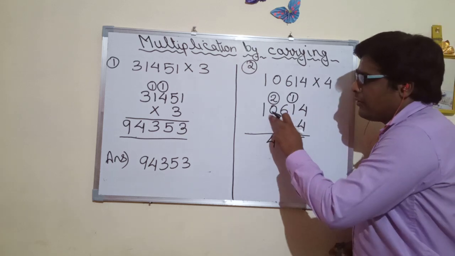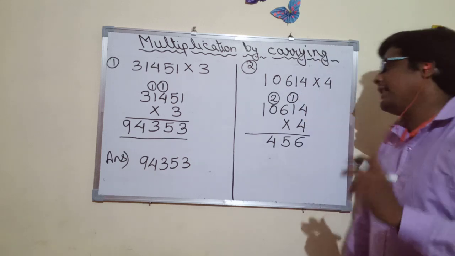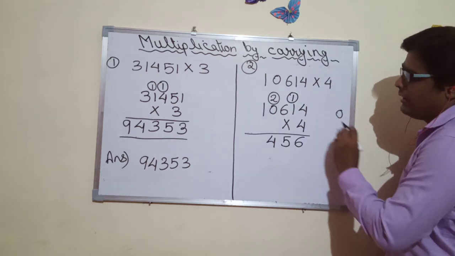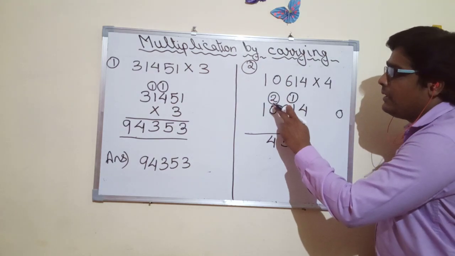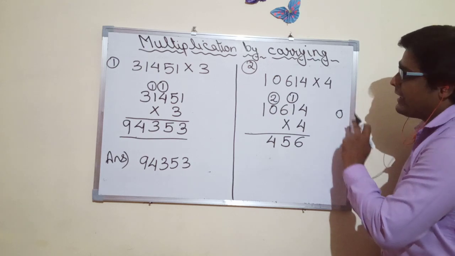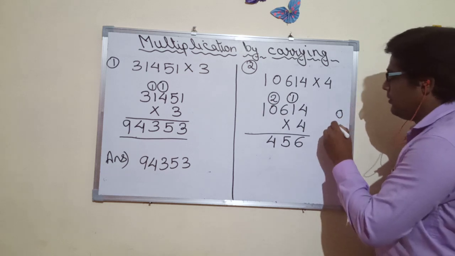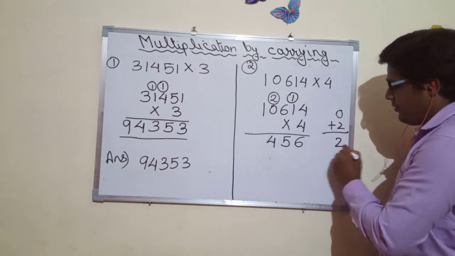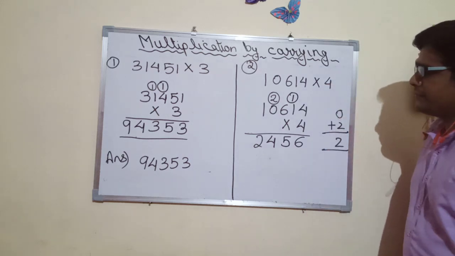Now you multiply 4 by 0. Any number, if you multiply it by 0, you will get answer 0 only. But what about this 2? This 2 will be added with 0. That is, 4 zeros are 0. 0 plus 2 is 2. So 2 is a single digit number, so just write it over here.